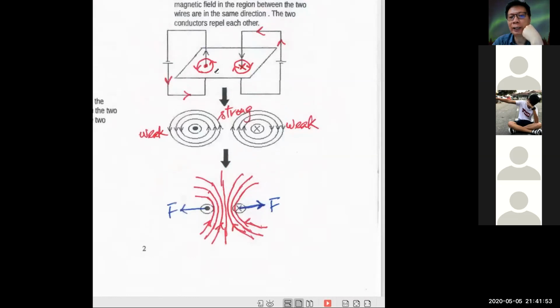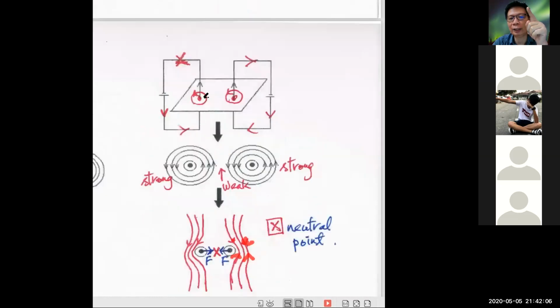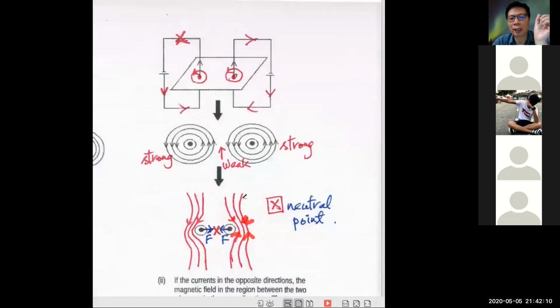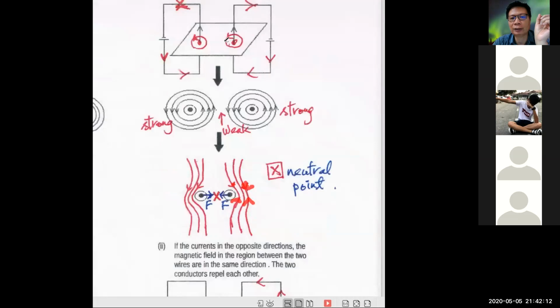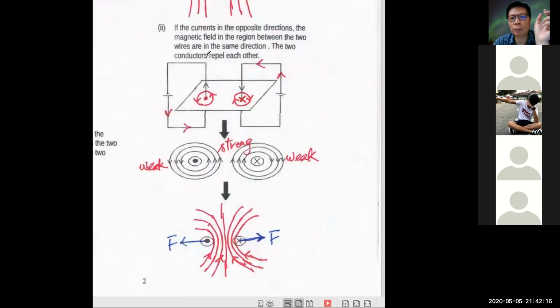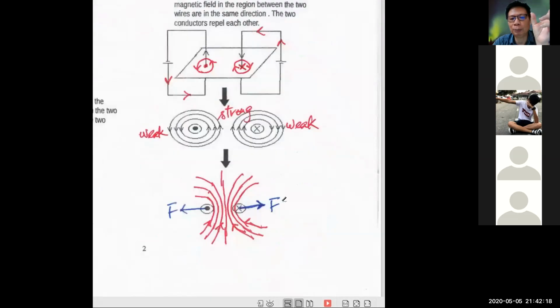When two wires carry current in opposite directions, one up, one down, the two wires will repel. Because the force is going up, going out. Okay? Like this one, when two wires carry current in the same direction, they attract each other. These two wires become closer, attract. So when opposite direction, they repel. Okay, push out. Okay? Understand?